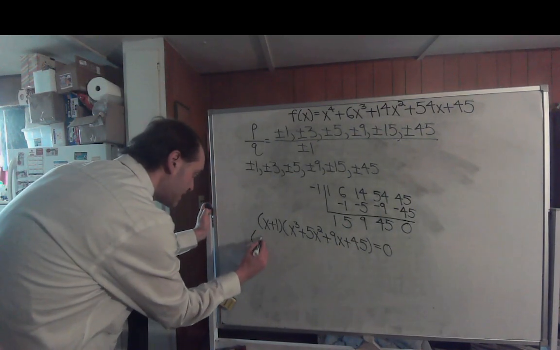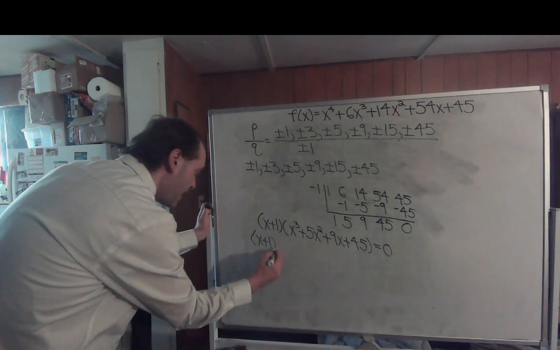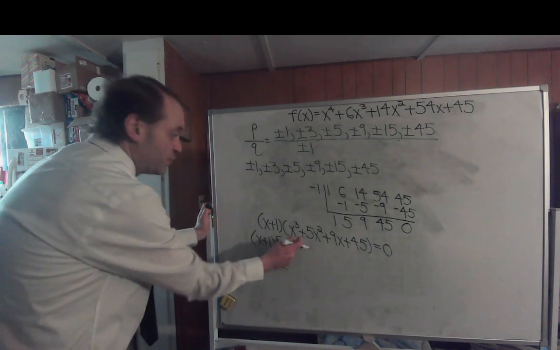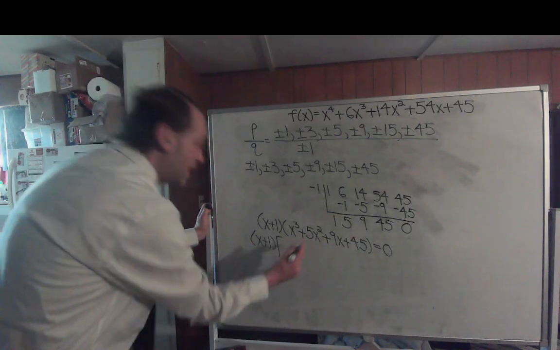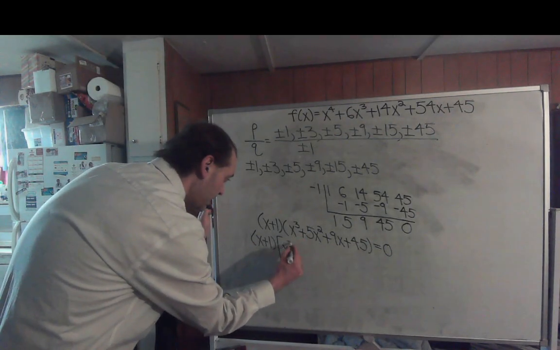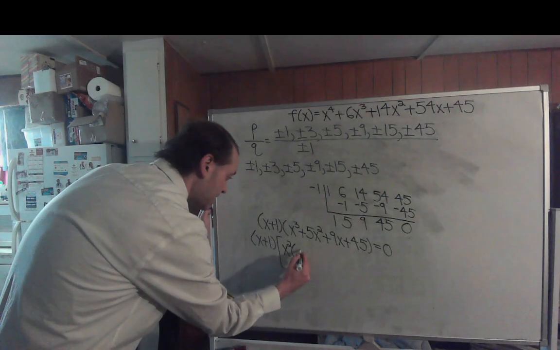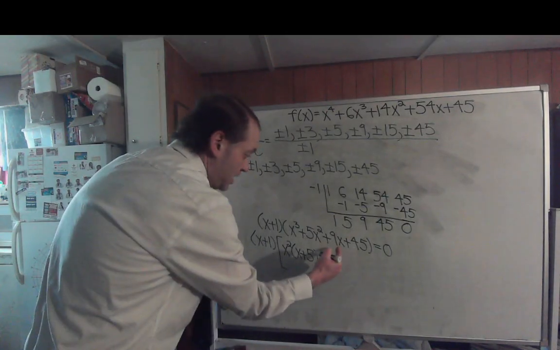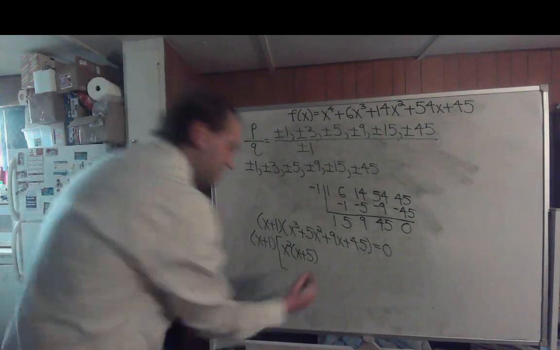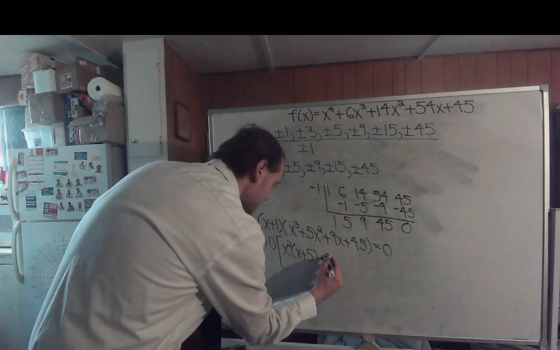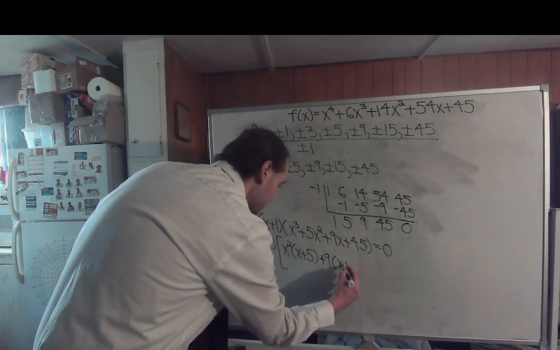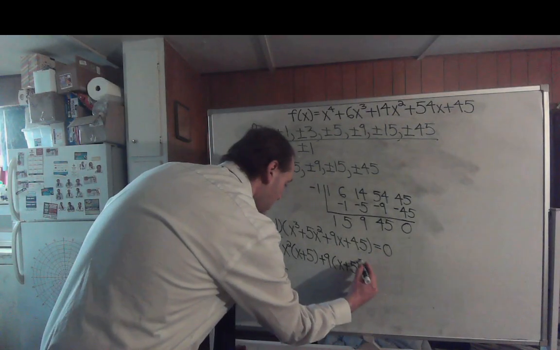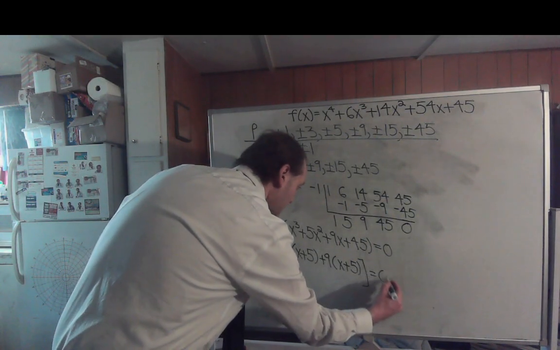So keep your x plus 1 outside of the brackets. Now between the first two terms of the cubic factor, you have a common x squared. You'll have that times x plus 5. Then you have a common 9 between the 9x and 45, so that would be plus 9 times the quantity of x plus 5. All that is equal to 0.